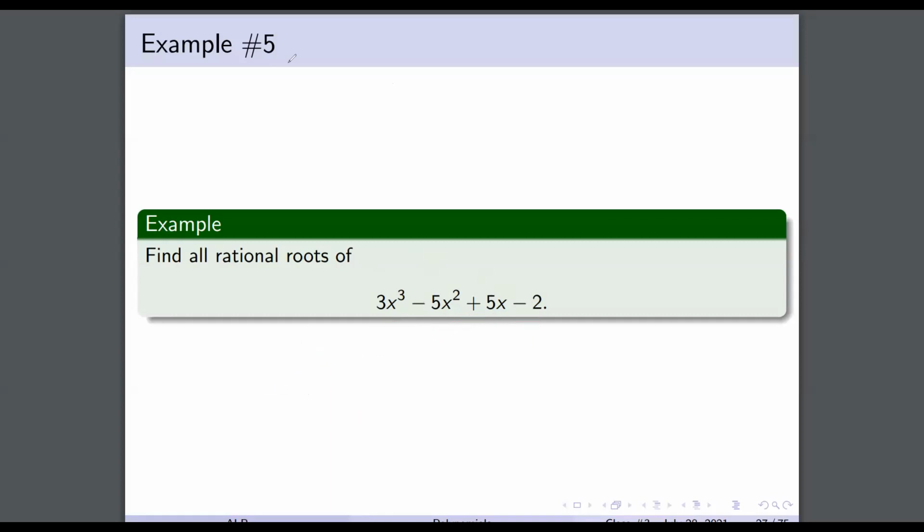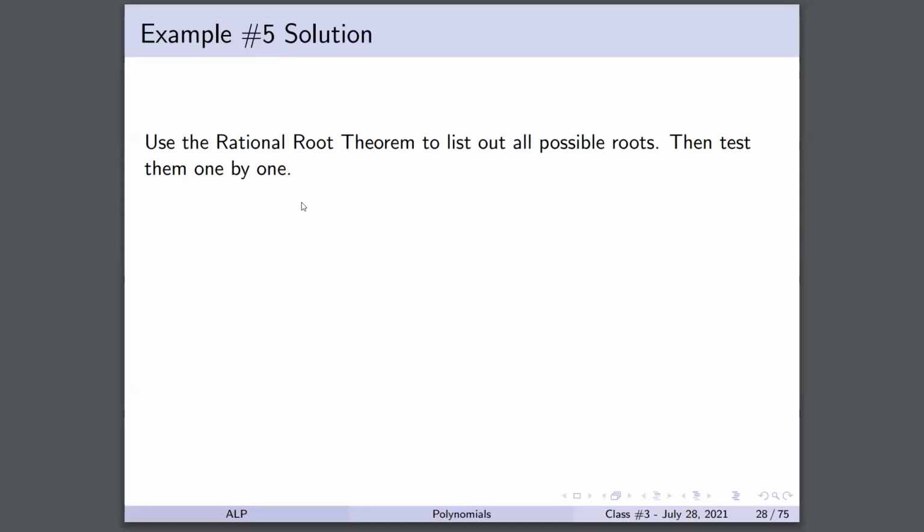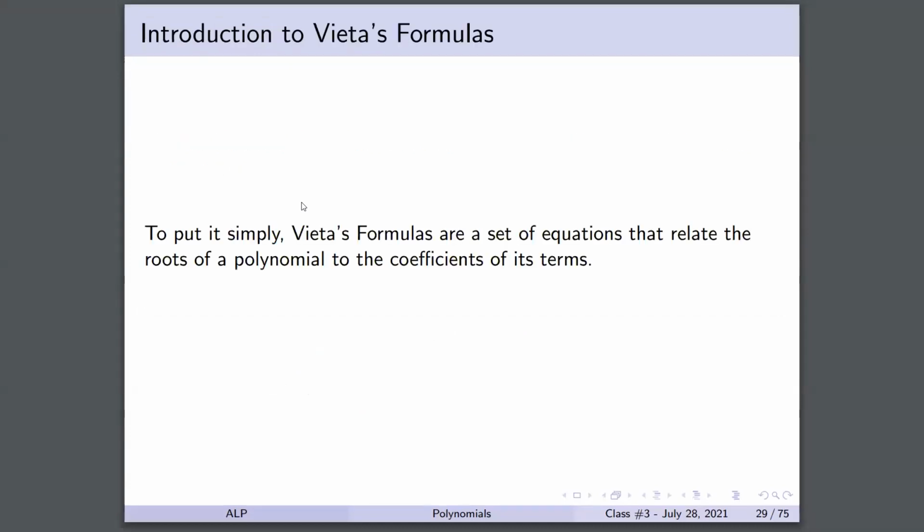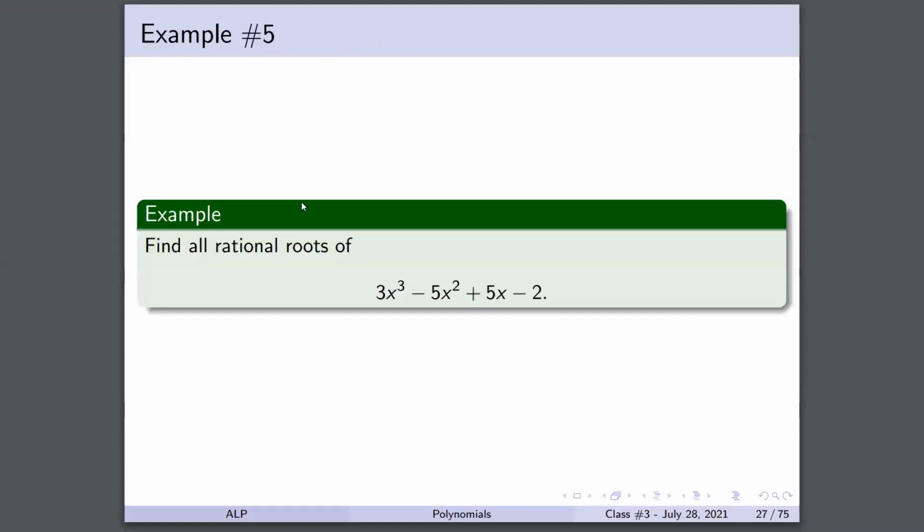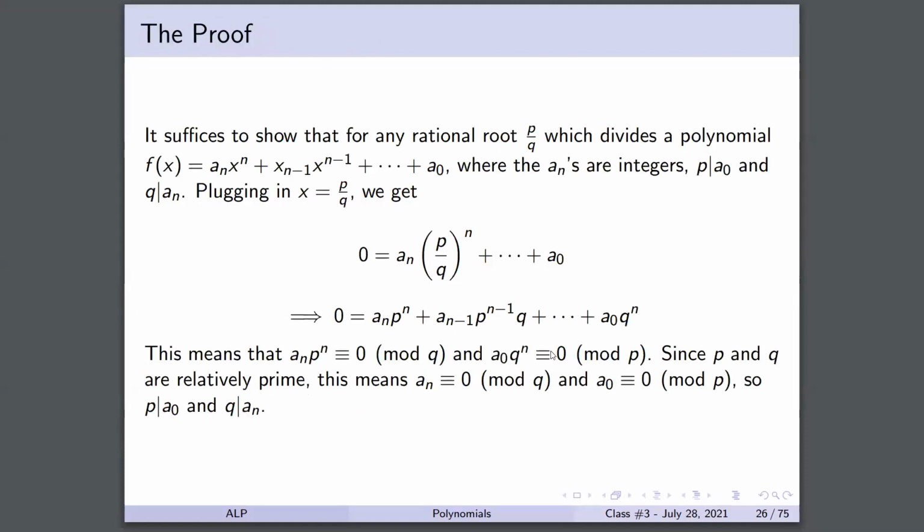So we would use the rational root theorem to list out all possible roots, and then we can test them. So remember back here, p over q, p divides a_0, and q divides a_n.